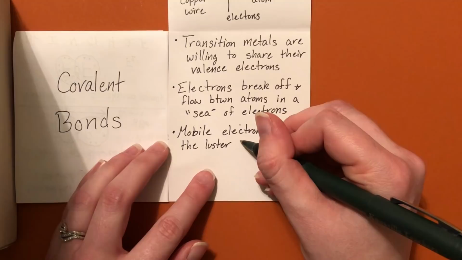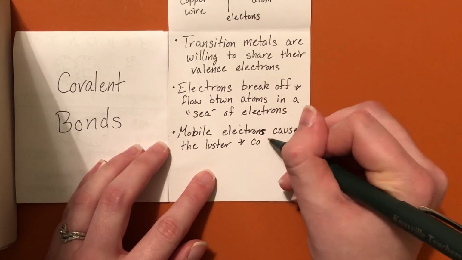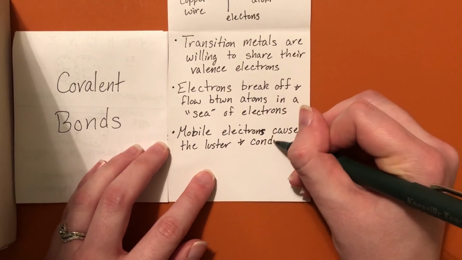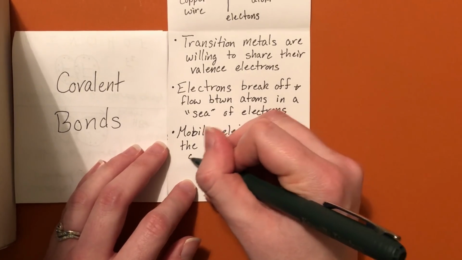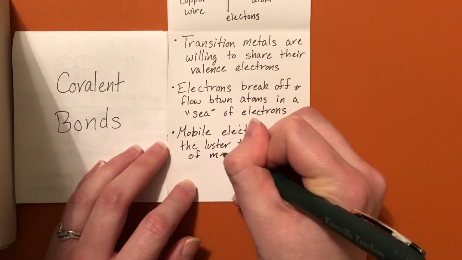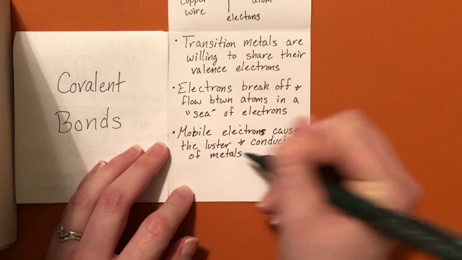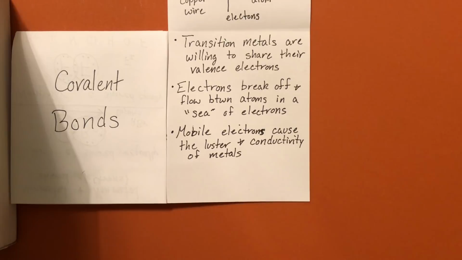So they cause the luster and conductivity. So all of these electrons moving about are what cause the luster or the shine of metals, and it is what conductivity is. Conductivity is a current of electrons.